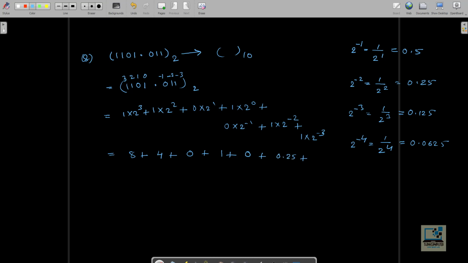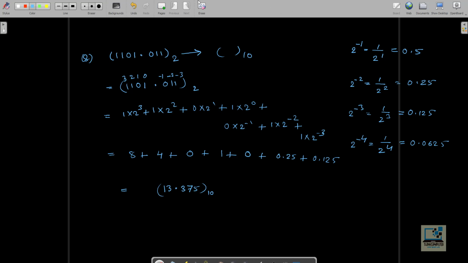Similarly, 2 to the power minus 3, this term, it will become 0.125. Now you can add it up. 8 plus 4, 12, 12 plus 1, 13. So 13 in the integral. 0.25 plus 0.125, that is going to be 0.375. So this is the converted form of this number in decimal.